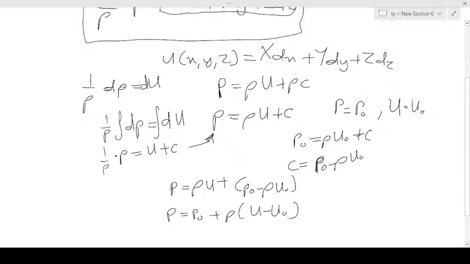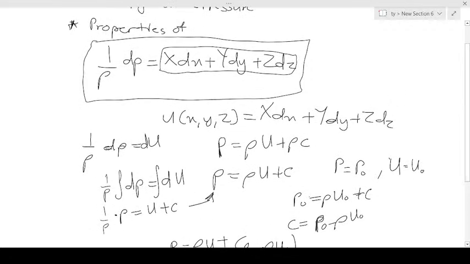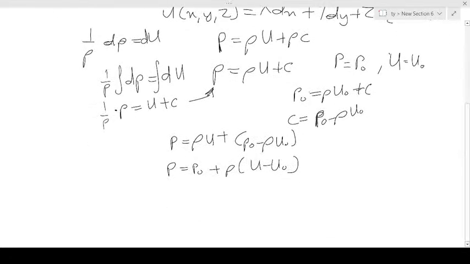So the previous one we looked at was in differential form. But then this is in integral form.